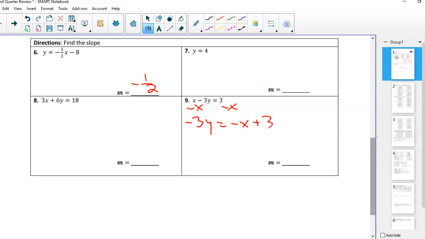Remember, I'm switching this so that it's in slope-intercept form. And then what? Divide each piece by -3. What would this become? 1/3x. This part isn't really necessary. What's our slope? 1/3.